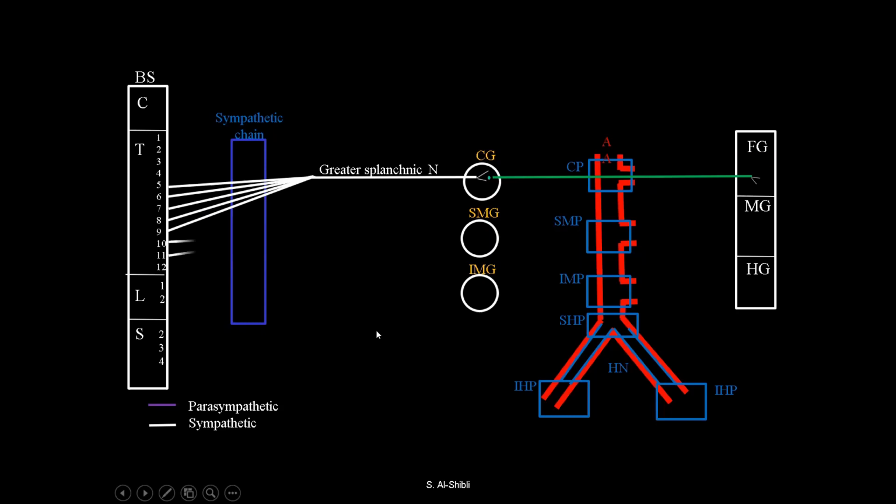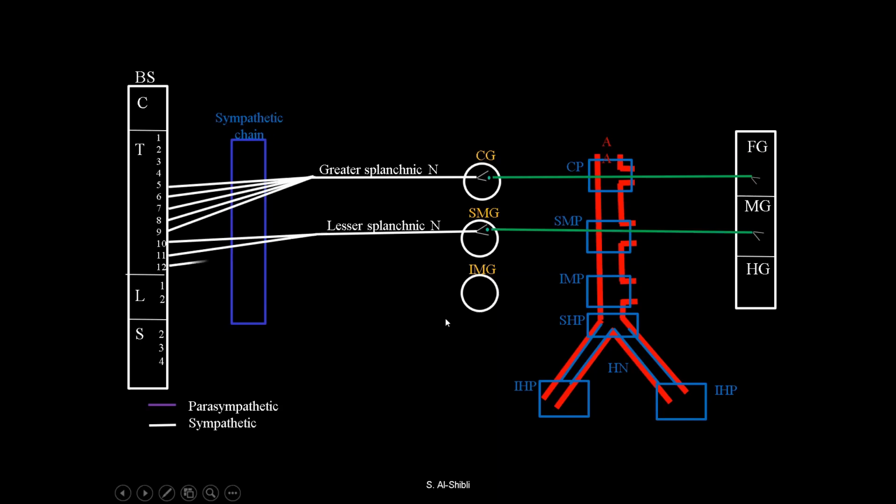The second, we call it the lesser splanchnic nerve that comes from T10, T11, and relays in the superior mesenteric ganglia. And from here, the post-ganglionic neurons follow the branches of the superior mesenteric artery to reach the midgut, giving sympathetic. I'm talking about sympathetic because it is still in the white.